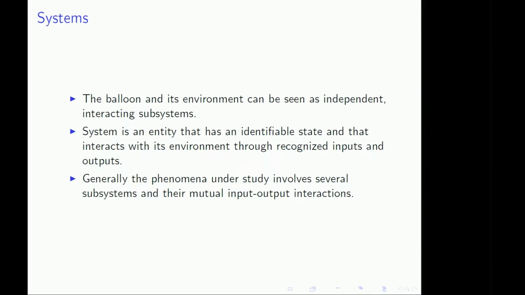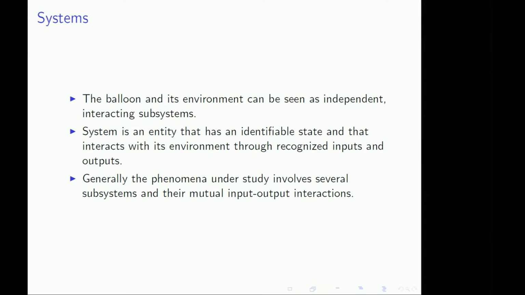The balloon has been chosen as an example because it's a clear illustration of a system that has a clear inside, clear boundary, and clear outside.